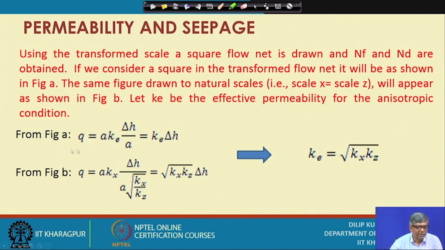Then from figure A, I can write this equation, since it is a transformed section: A into K E into del H by A. So, A is the area if I take unit height, I is the gradient del H by A, and K is the permeability.